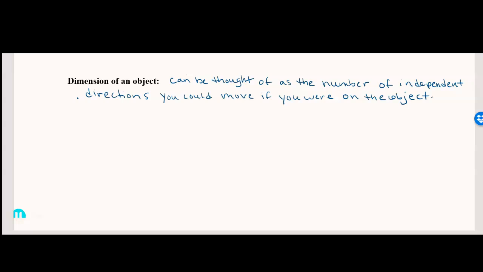Now let me explain. I'm going to give you some examples to explain what that means. A point has 0 dimension, since you cannot move anywhere.